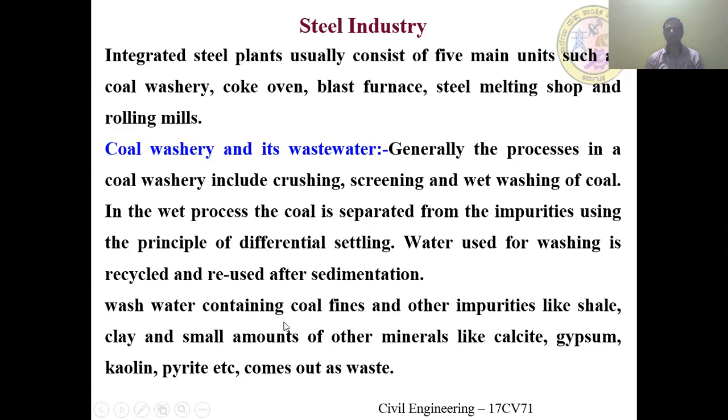The wash water contains coal fines and other impurities like shale, clay, and small amounts of other materials like calcite, gypsum, kaolin, and pyrite, which come out of the waste in washing. Here we are able to recover some materials, gypsum and pyrite, which are value added byproducts from washing coal.